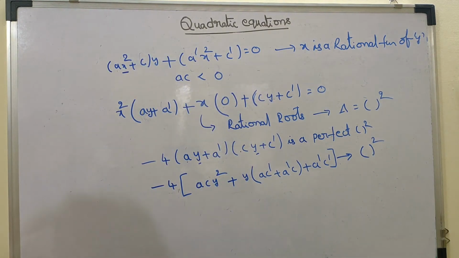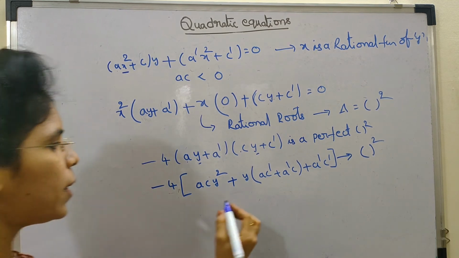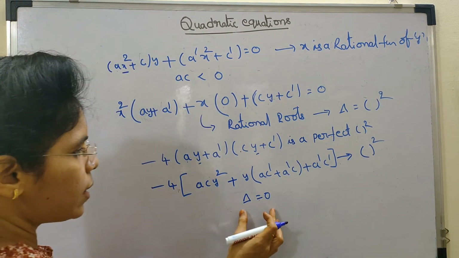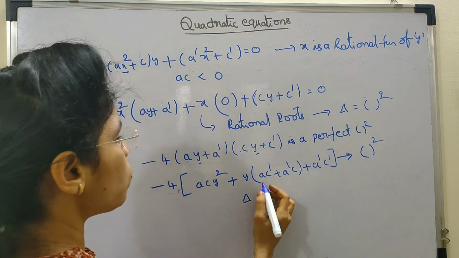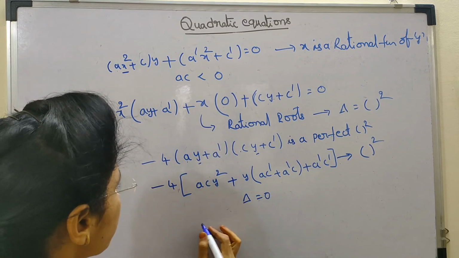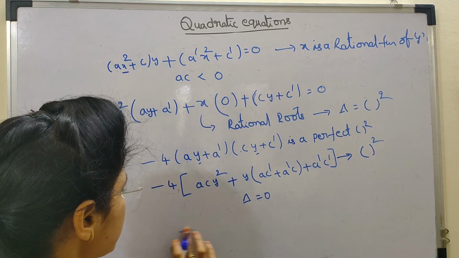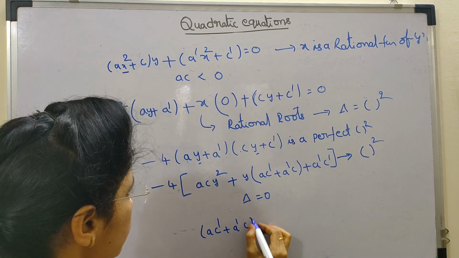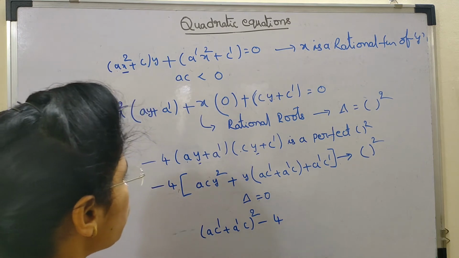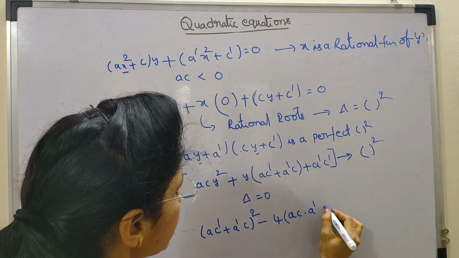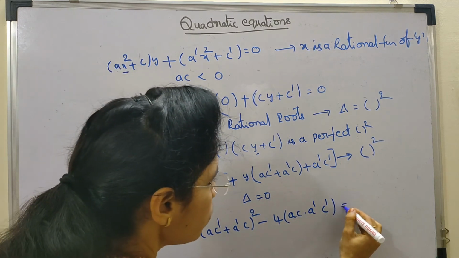A quadratic expression is a perfect square if the discriminant is equal to 0. So again, here you have to apply the condition discriminant is equal to 0. What is the discriminant for this quadratic expression? b square minus 4ac, that is (ac dash plus a dash c) whole square minus 4ac a dash c dash is equal to 0.